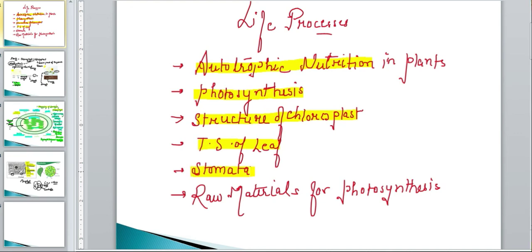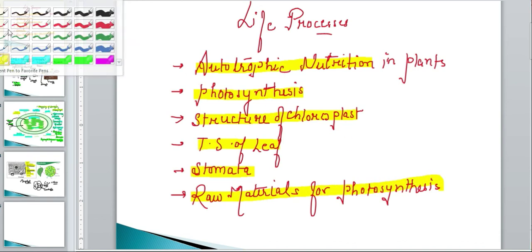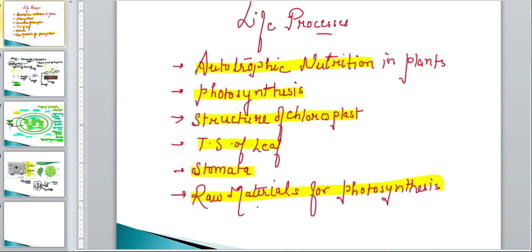Stomata are significant here in the discussion because they are there for the entering of the CO2. They are there for the evolution of the O2. O2 evolves through the stomata. And the raw materials for the photosynthesis, again, we have to write here, that is CO2 and water.